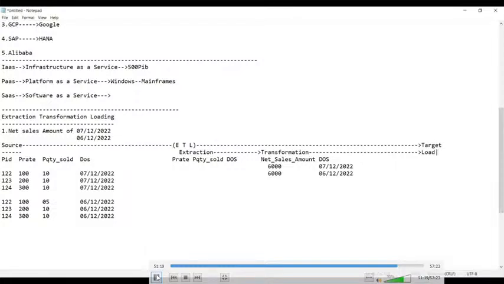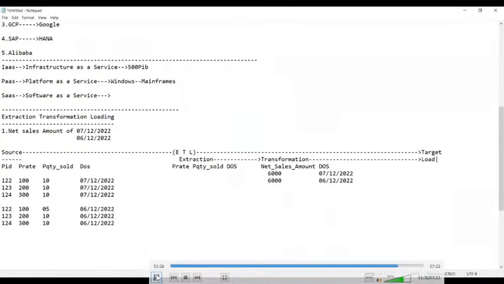To perform this process of extraction, transformation, and loading between the cloud and the on-prem system, we use ADF as the service.